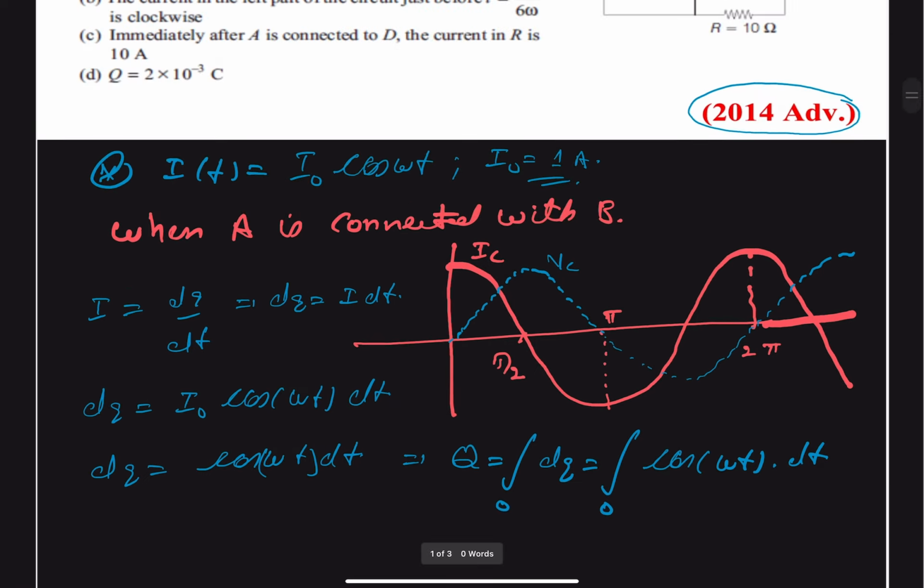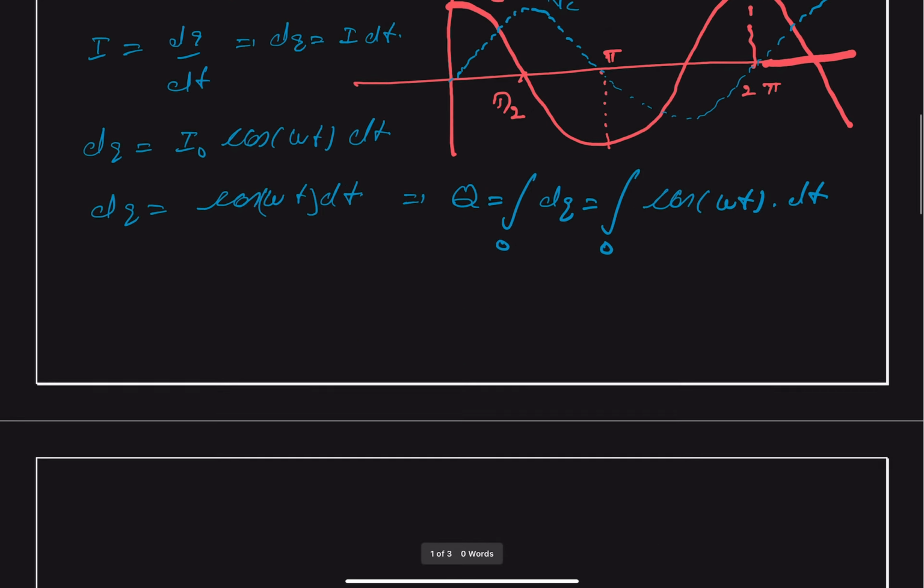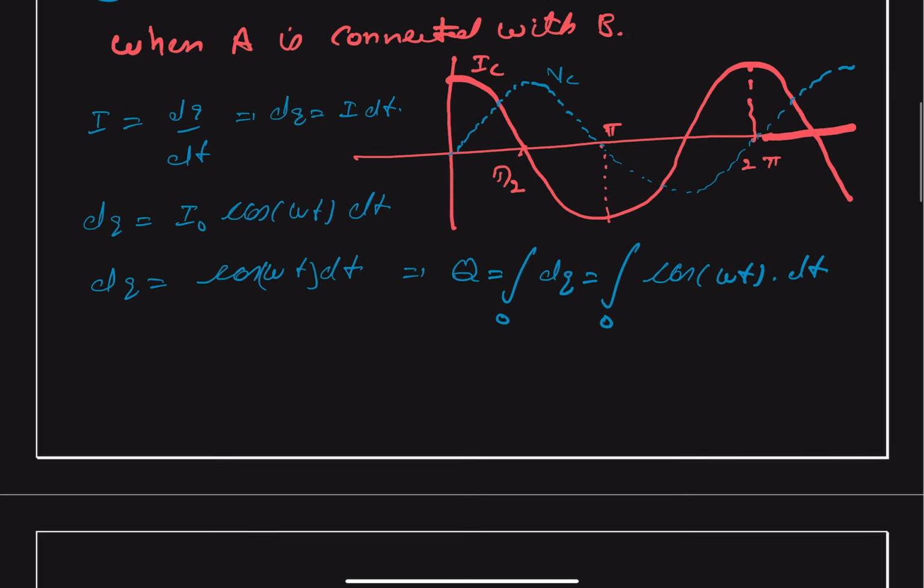In the question, it is said the charge in the capacitor before t is 7 pi by 6 omega, and this will be lying approximately somewhere here. We can just approximate it. So this will be our t equal to 7 pi upon 6 omega.